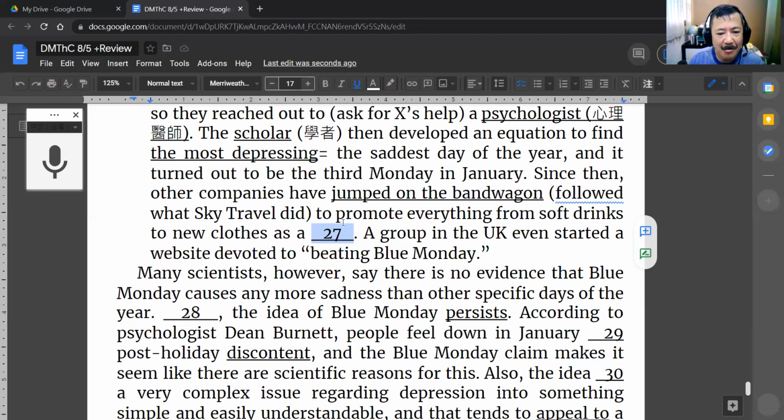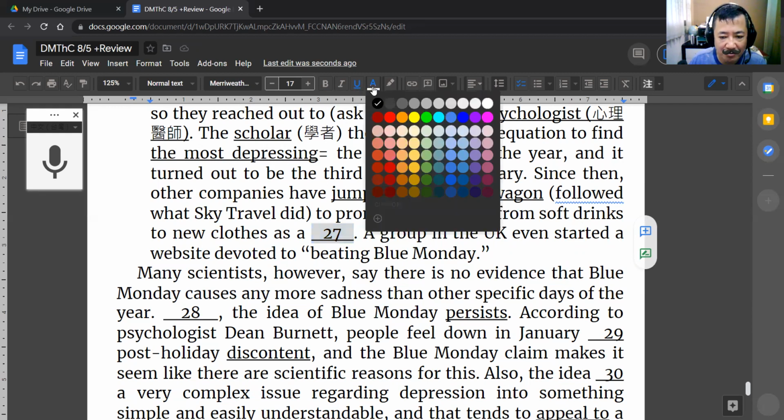So here I need some kind of a 舒缓的方式或解决的方式, something like that, right? Because people are looking to 解决 the saddest day of the year, right? Okay, so we're looking at some word that means something like that, okay? Like 解决方式, right? To 解决 the saddest day of the year, right? Okay.